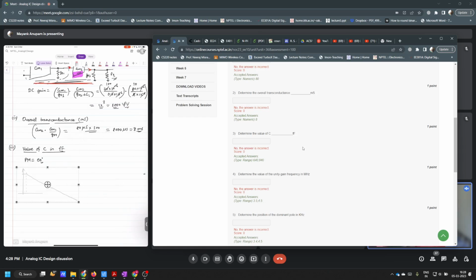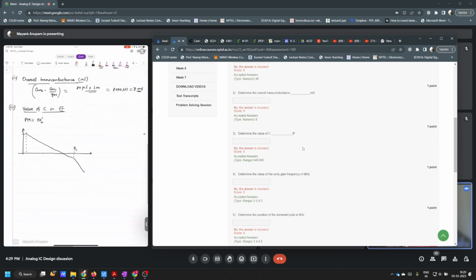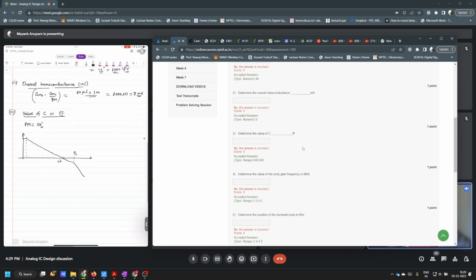Let's take this figure here. Then we have the second pole P2. From there we have this 40 dB per decade slope. This is omega u loop, and this is the loop gain in dB.